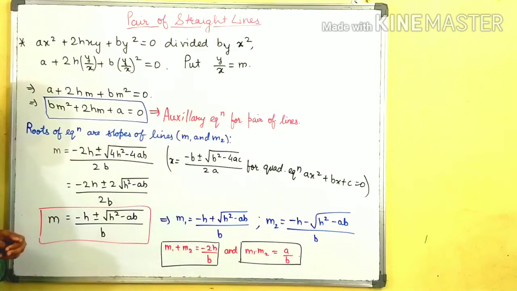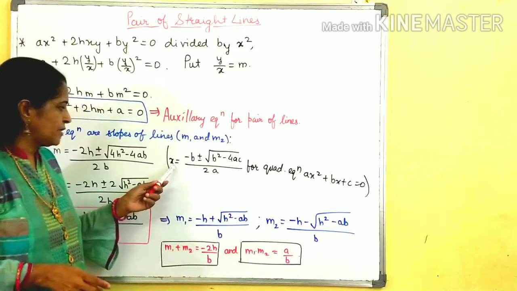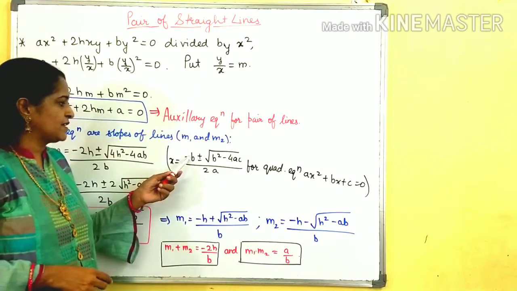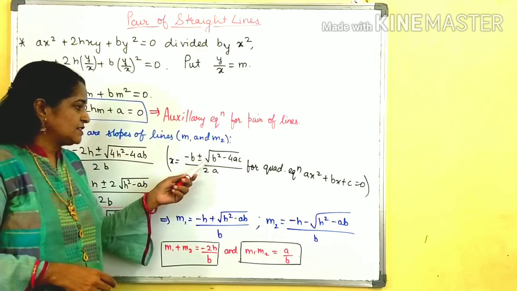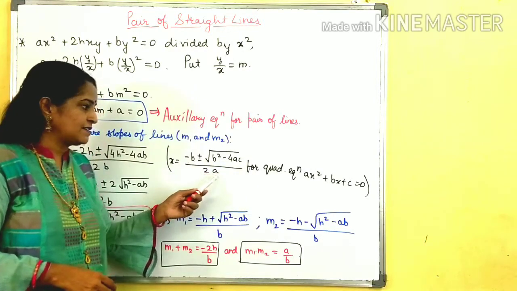We know that any quadratic equation has two roots. What is the formula for finding the roots? We get x is equal to minus b plus minus square root b square minus 4ac upon twice a.